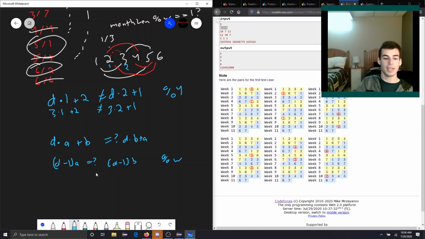Well, we're multiplying A and B by the same number. Yeah, so when are A and B the same number? If we multiply them by the same number, doesn't matter. What is D in this example? D is the number of days in a month.